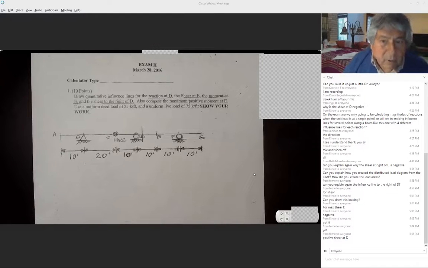It's a positive shear at E. And if you look at this value in here, positive shear at E, right?